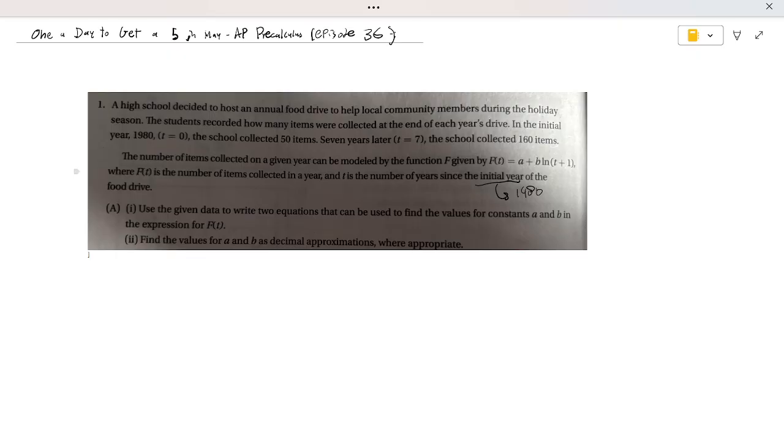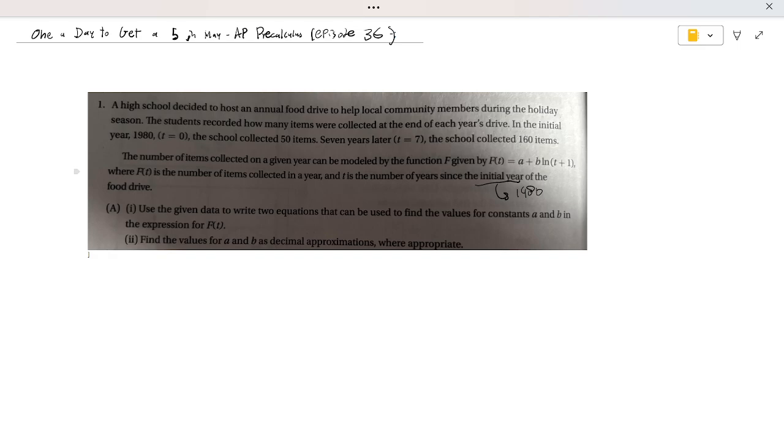Use the data to write two expressions that can be used to find the values for constants a and b in the expression for f of t. Then find the values of a and b as decimal approximations. We're given pretty much 2 points.